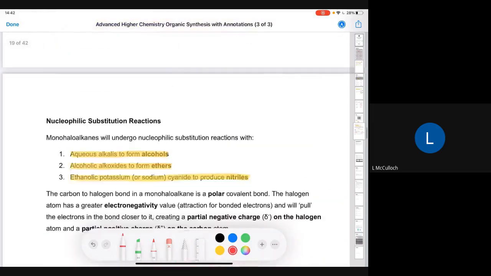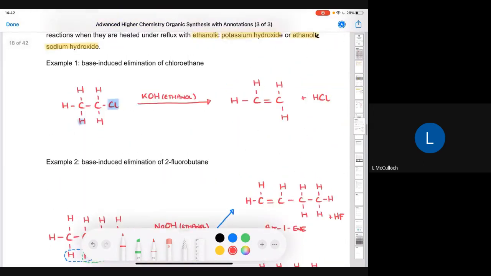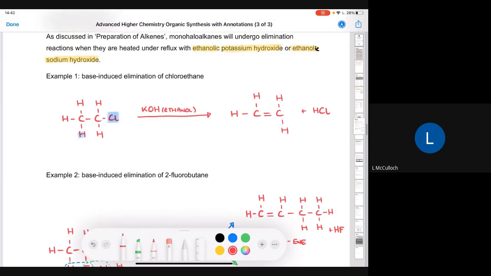And I'm just going to quickly scroll up just to remind you of that there. So you can see here that for this reaction, we're using potassium hydroxide that's been dissolved in ethanol. And rather than getting a substitution reaction, what we get is an elimination reaction. So the reagent is very important, and also what we dissolve the reagent in is very important as well.